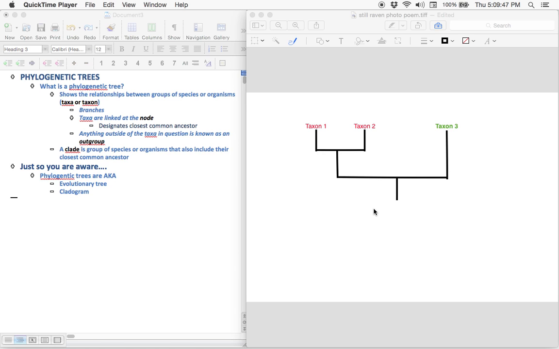Now, in different textbooks, different scientists will use different terms for phylogenetic trees, and sometimes you'll hear evolutionary tree, sometimes phylogeny, sometimes cladogram. For our purposes, all those terms, except for maybe phylogeny, are interchangeable.